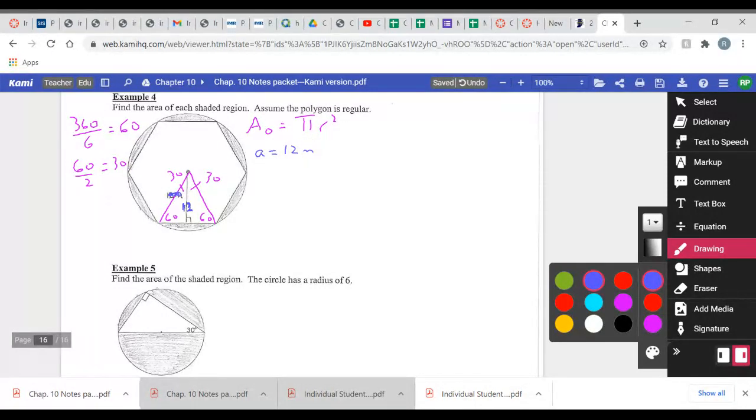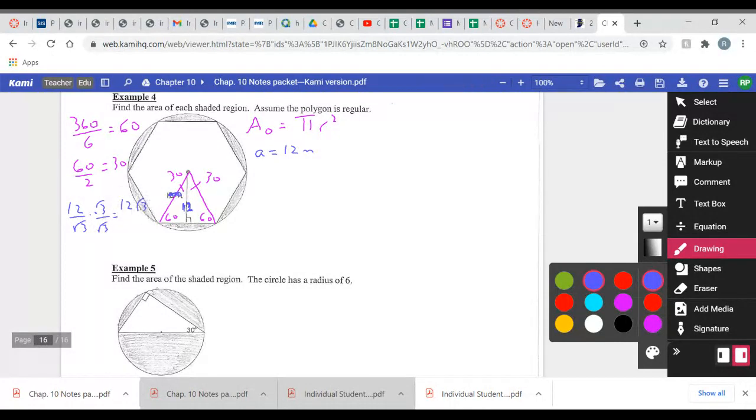All right, so now if I find the other side lengths, then I know that the long leg is 12 and I want to find the short leg. So I need to divide by square root of 3. But I'm not allowed to leave a square root in the denominator, so I'm going to go ahead and multiply by square root of 3 over square root of 3.